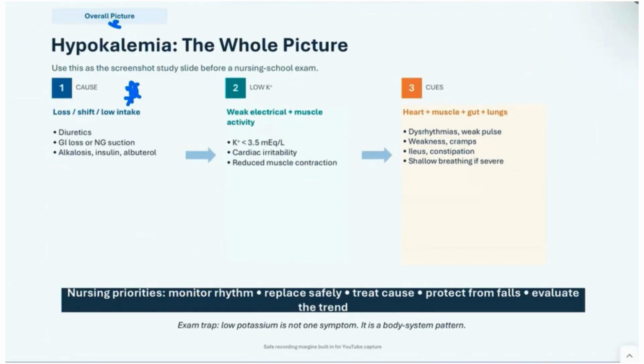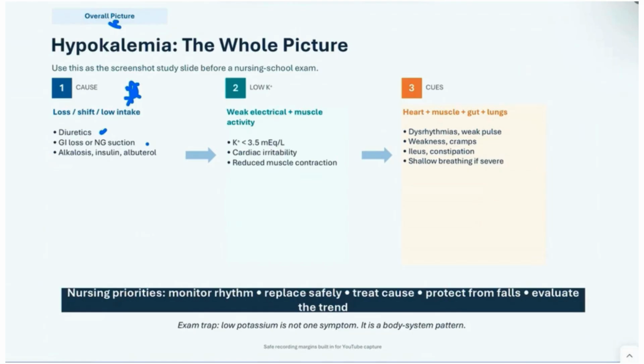So hypokalemia, right, can result from lost potassium, potassium shift into the cell, or inadequate intake. Think about diuretics. Think about GI losses, right?